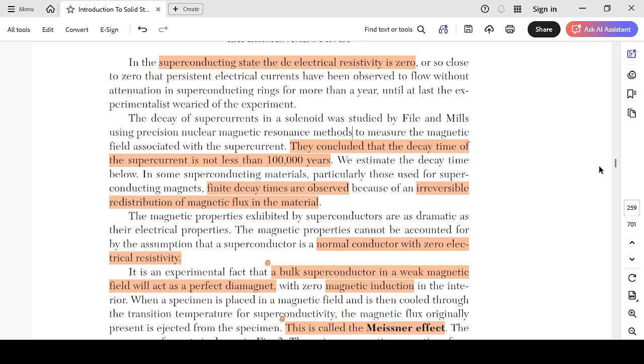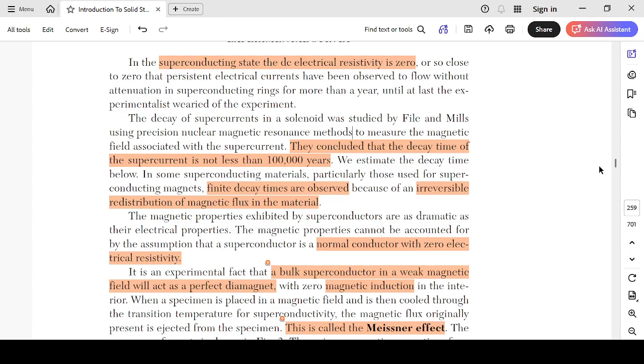What does this mean? This means they established an experiment in which they observed the superconductor through its magnetic effects. They measured the magnetic field associated with the supercurrent, and that associated field was observed through the phenomenon of magnetic resonance.